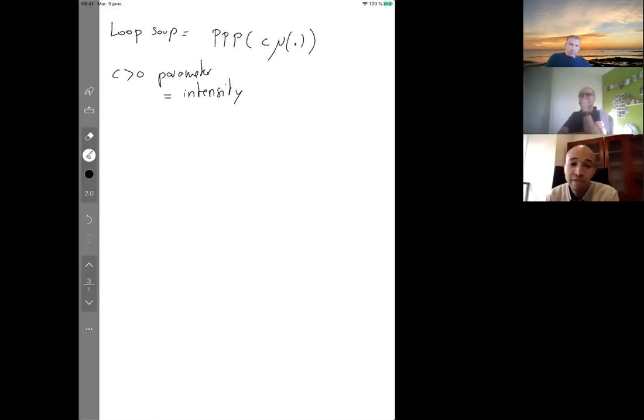So you will have a collection of loops. All right, so you have your graph, and then you have a collection of loops on your graph, a collection of Brownian loops. So there will be an infinite number of small loops because the intensity of small loops is infinite.